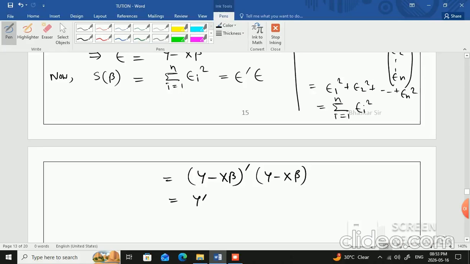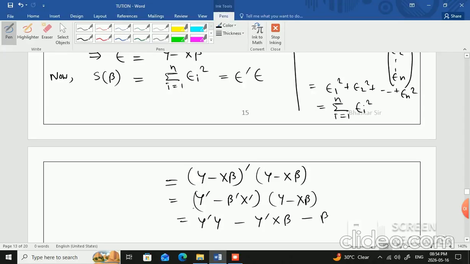Transposing this, after transposing y minus X beta we get y dash minus beta dash X dash. Now multiplying, we get y dash y minus y dash X beta minus beta dash X dash y plus beta dash X dash X beta.